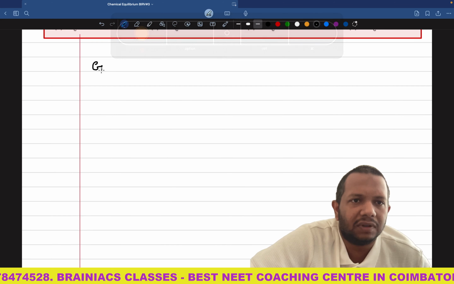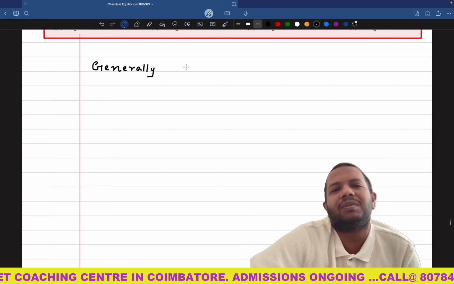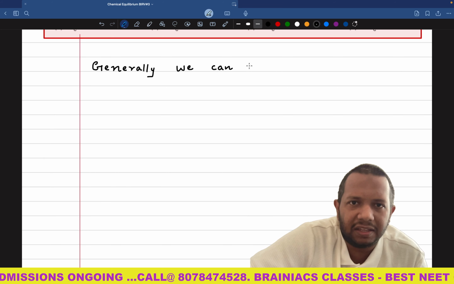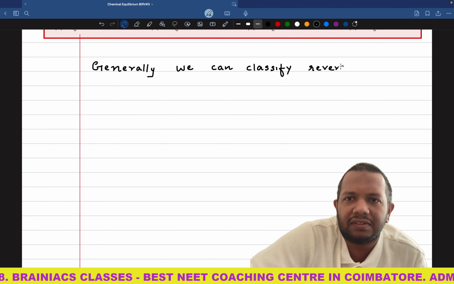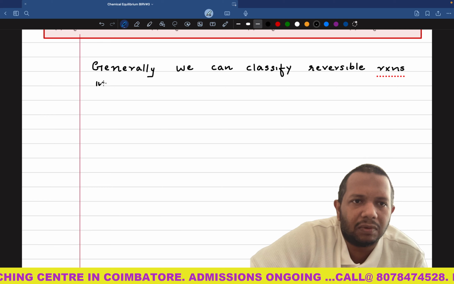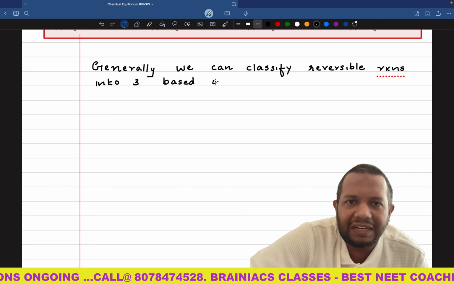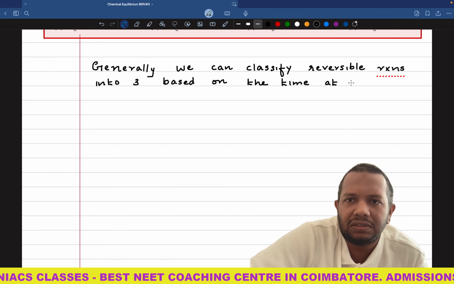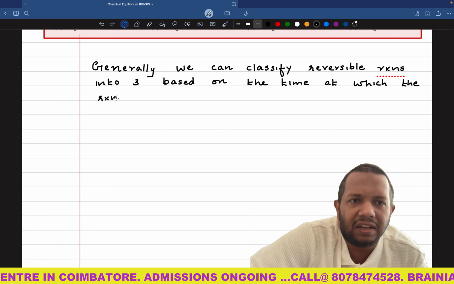Generally we can classify reversible reactions into three types, based on the time at which the reaction attains equilibrium.